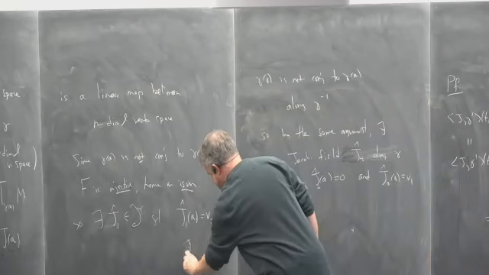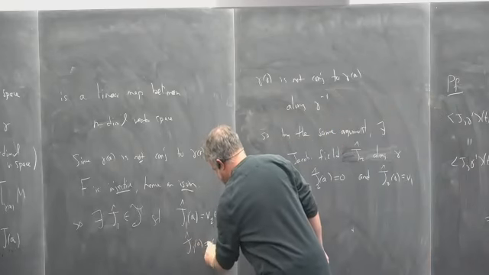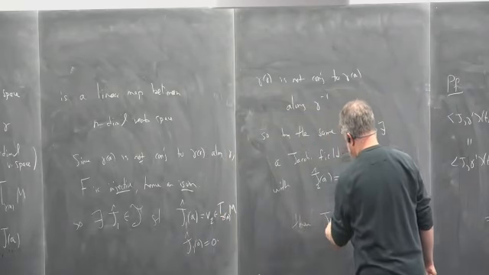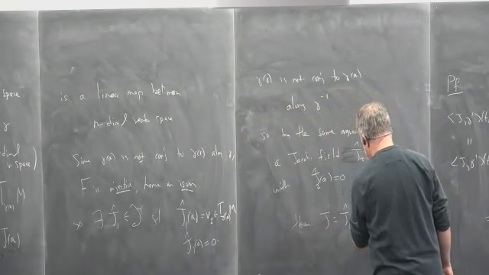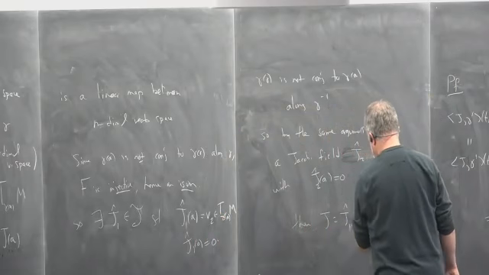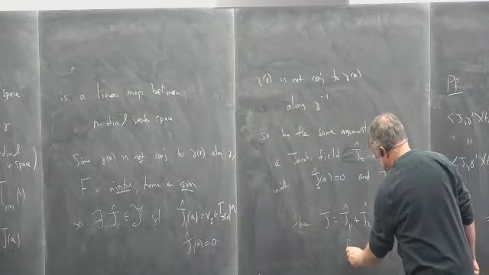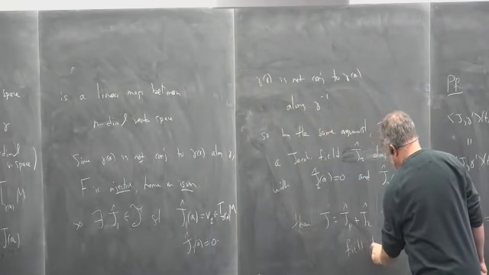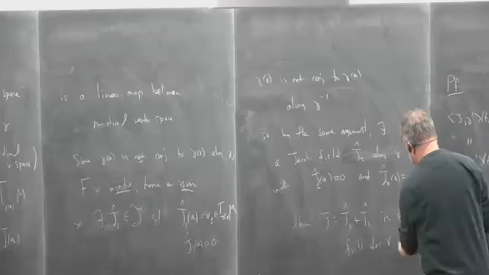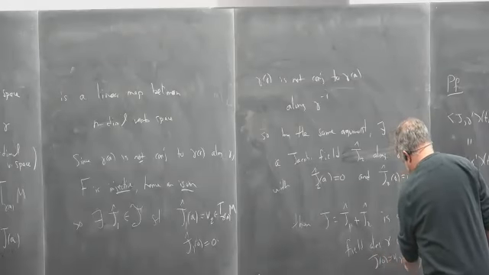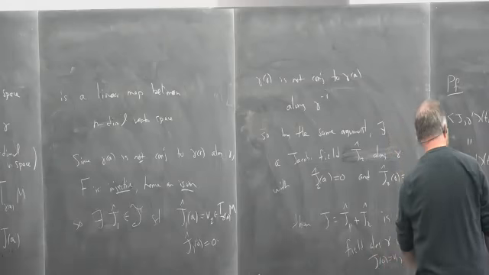So this guy has J1 hat at 0 is 0. Then J, which is J1 hat plus J2 hat, is a Jacobi field along gamma with J at 0 is V1 and J at A is V2.